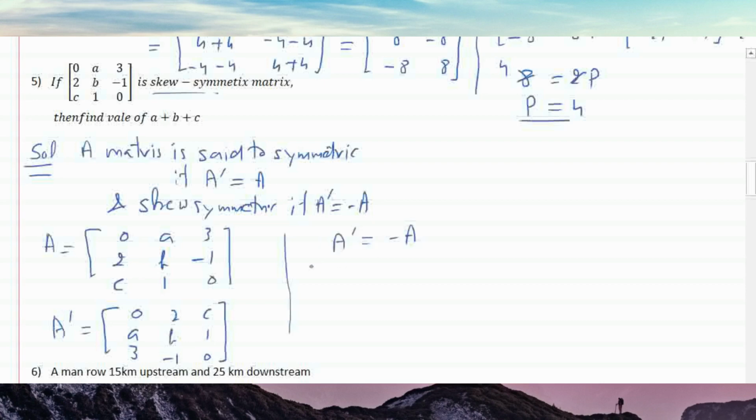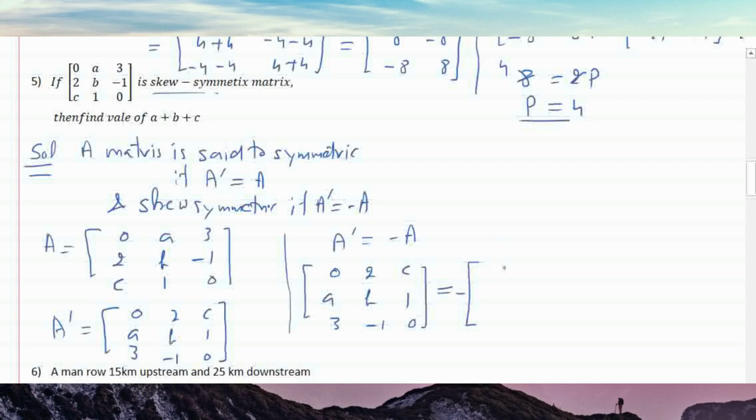So we are writing this value here. This is 0, 2, C, this is A, B, 1, this is 3, minus 1, 0, and this is equal to minus A. So this is minus sign. A, you can put the value from there.